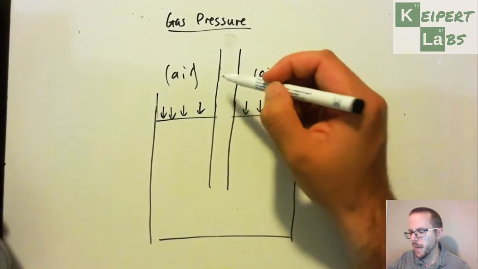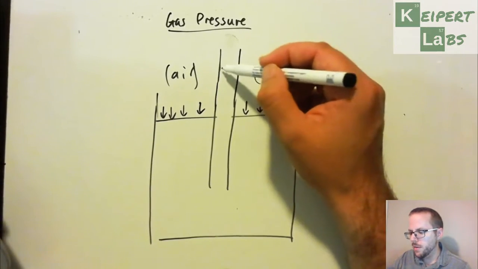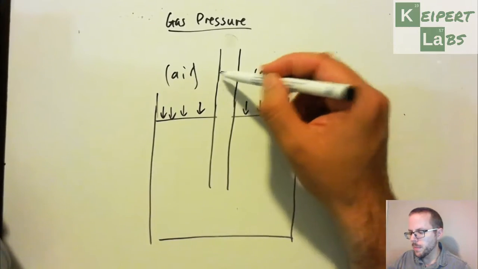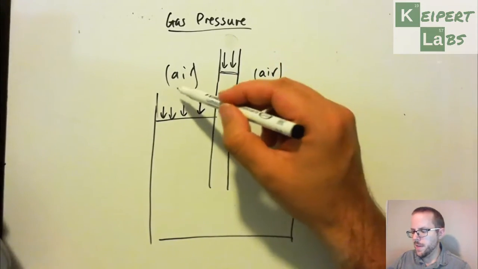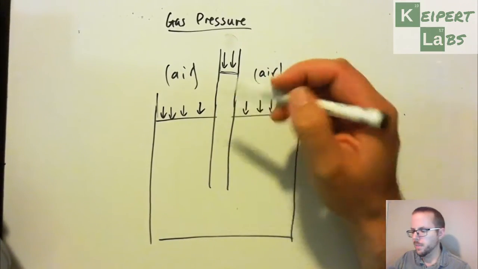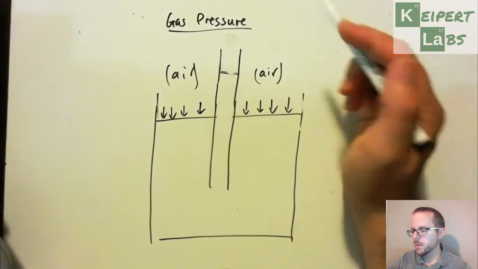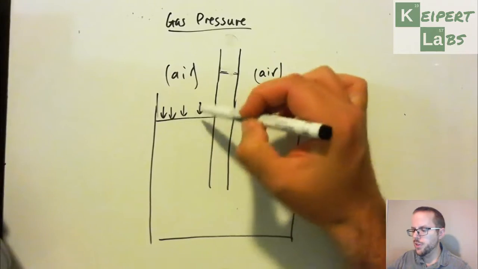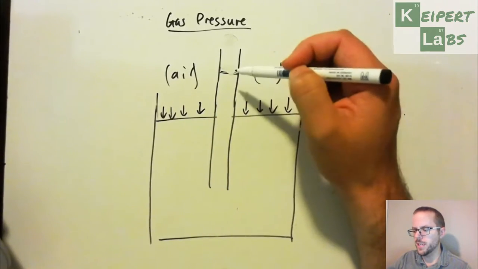Originally, the air that was inside the straw pushed down on the liquid that might have been in here, and that balanced what's pushing down on the rest of the water. But all of a sudden, if that air isn't there anymore, we have a force pushing down on this water that isn't balanced by a force pushing down up here.